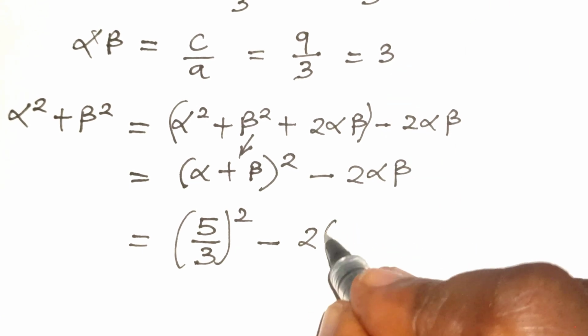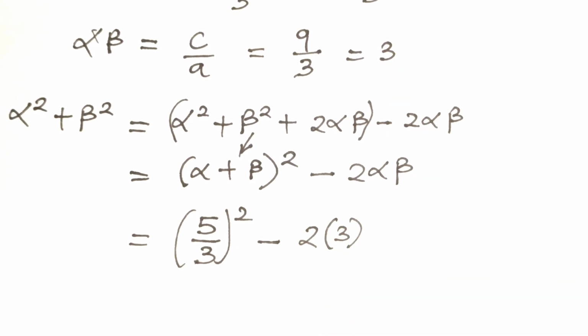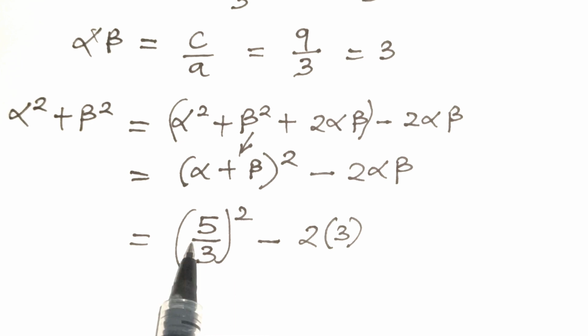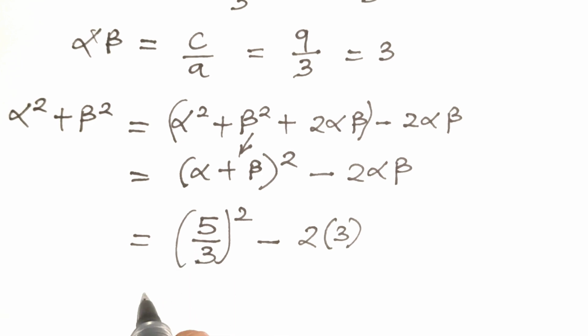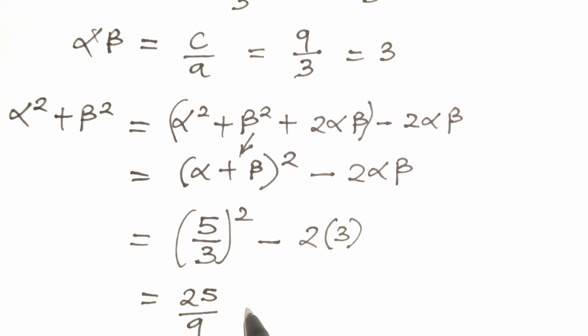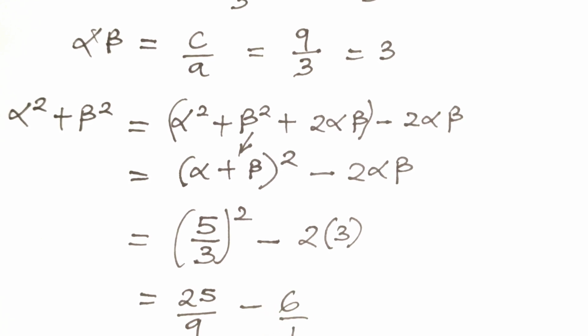So I'll have 2 times 3. If I square this term, I'm going to have 25 over 9 minus 6, let's say 6 over 1.